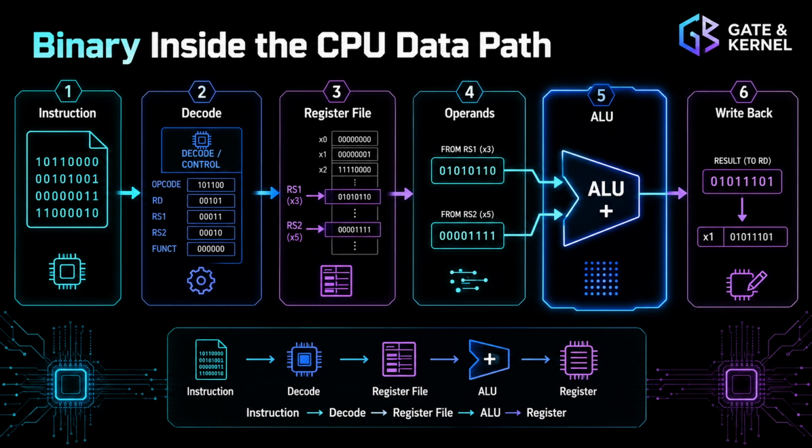The ALU performs binary addition. The binary result may then be written back into a register. The flow is: machine instruction, instruction decode, register file, binary operands, ALU, binary result, register write back. At every stage, the processor is working with binary signals.